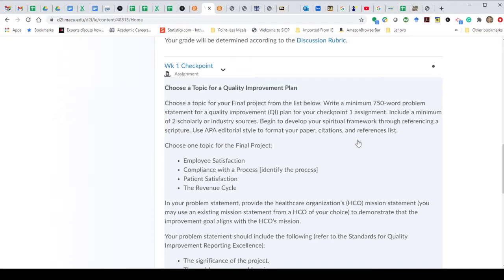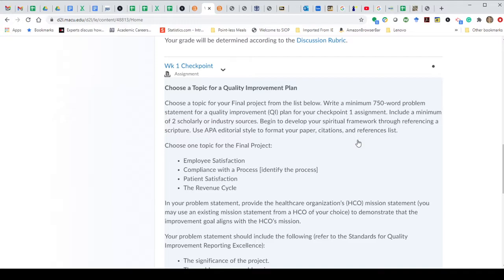If you're in charge of an admissions area, you might want to work with your employees on compliance with the admissions process. Or if you work in accounting or some other area of finance, you could do the revenue cycle. So choose according to what really speaks to your heart.